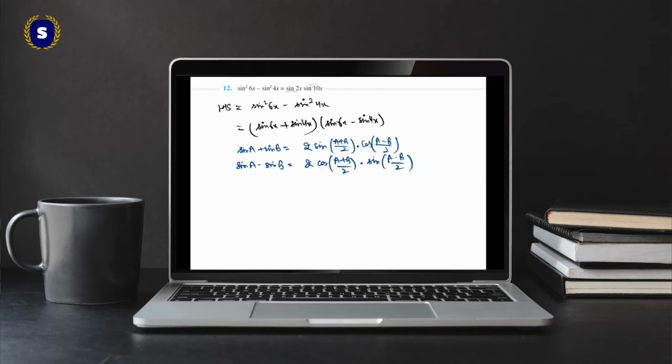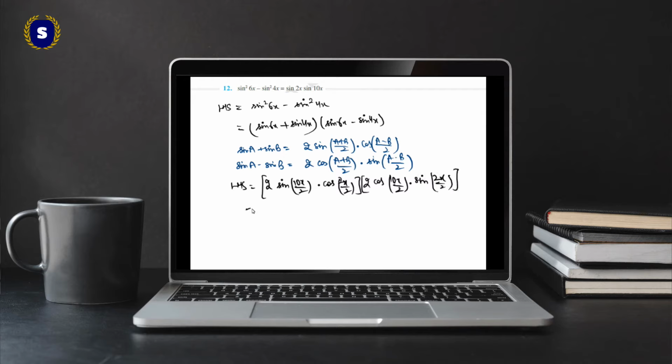So using these identities, we'll get LHS is equal to 2 sin(6x plus 4x, 10x divided by 2) into cos(6x minus 4x, that is 2x divided by 2). This we have got from the first bracket. From the second bracket, 2 cos(a plus b, that is 10x divided by 2) into sin(a minus b, that is 2x divided by 2).